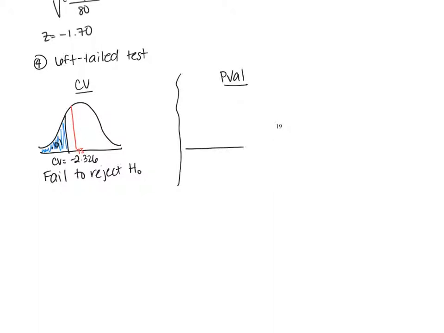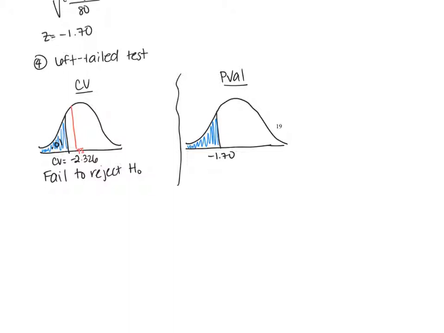For my p-value method, I'm still looking at that left tail, but now the area of our left tail represents our p-value. And rather than knowing that value of the area, we know the z-score that cuts it off, which is our test statistic, negative 1.70.